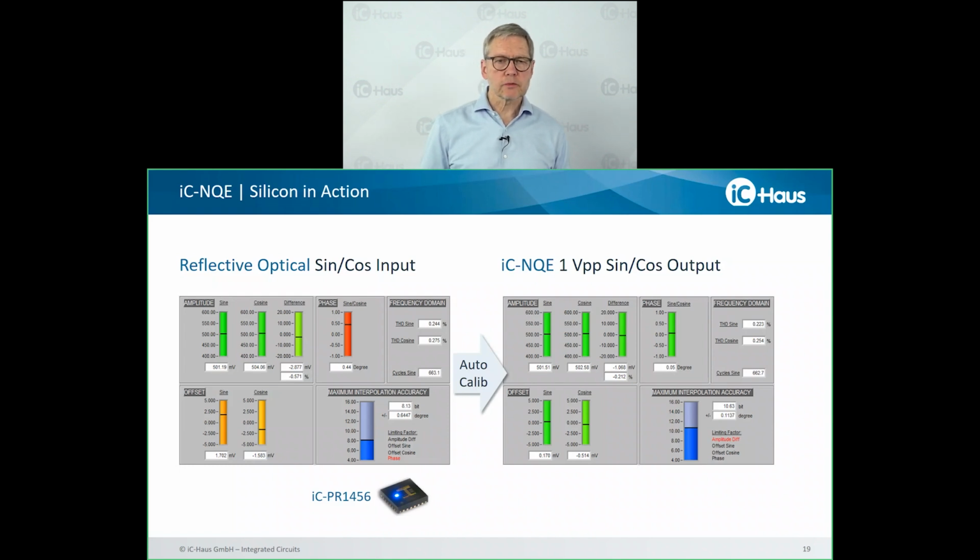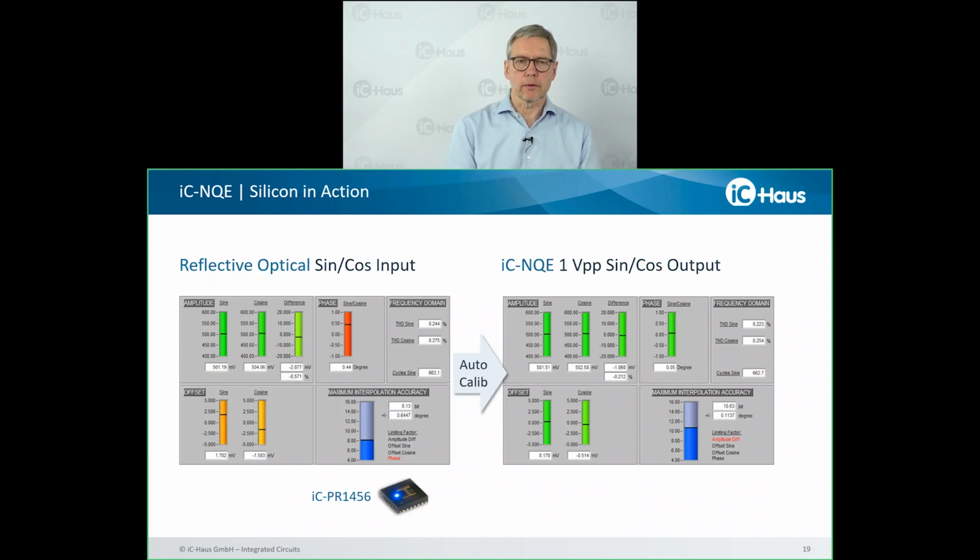Due to the small optical radius, it's quite clear that the sensor initially generates offset and also a phase error. But don't worry, the iC-NQE can easily engage an auto-calibration, which finally improves our interpolation accuracy. Well, these screenshots are hard to read, but trust me, that way we improve the interpolation accuracy by a factor of 4.